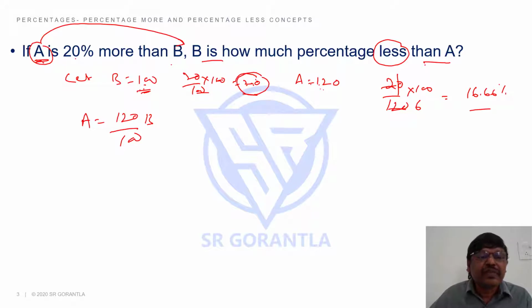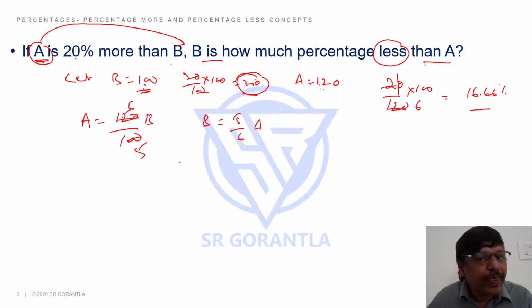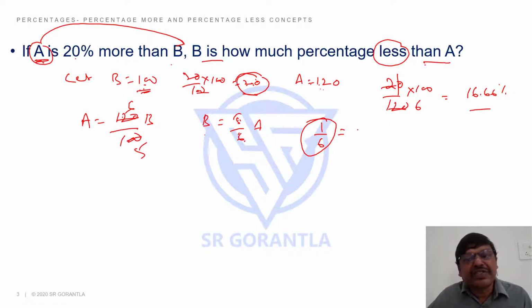That's nothing but 6 by 5 of B. If A is 6 by 5 of B, B is 5 by 6 of A. When you say B is 5/6 of A, how much less? 5 by 6 is less than 1 or not? How much less? Simple, the difference. 6 and 5, what is the difference? 1. By denominator 6, it is 1/6 less. 1/6 is what percent? 16.66%. This is a simple approach.